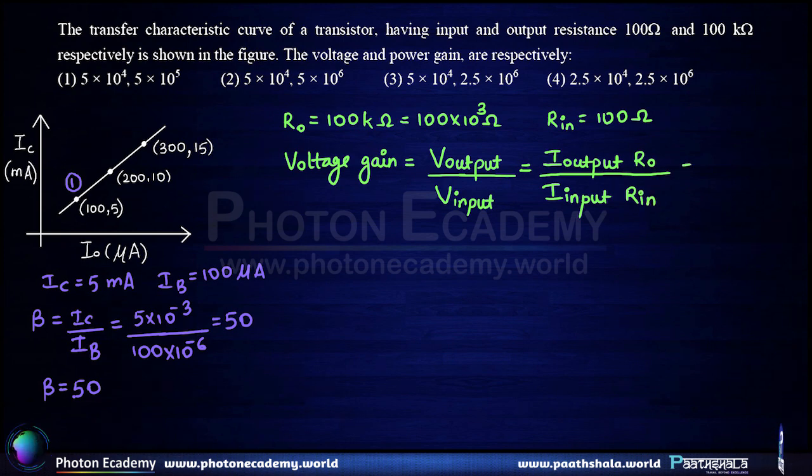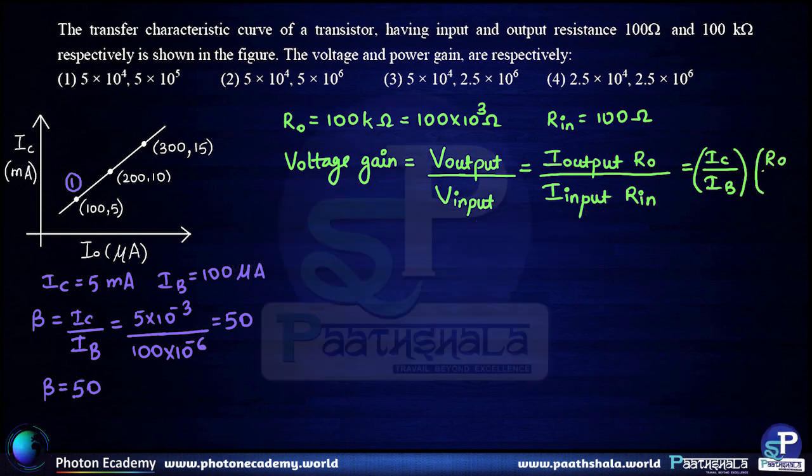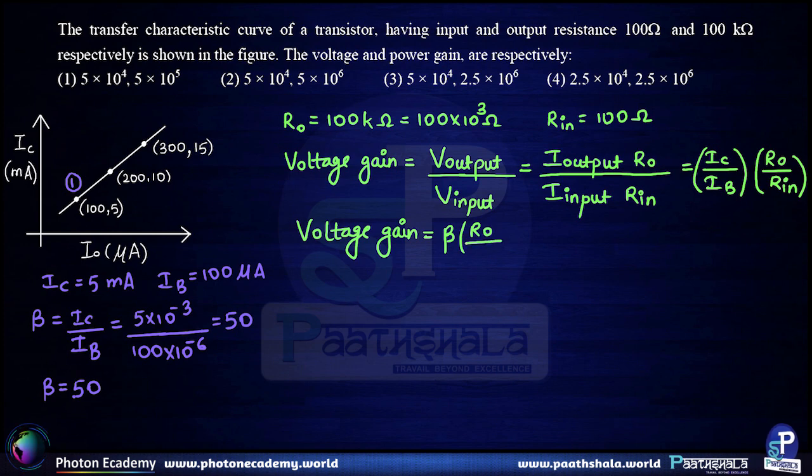Now for this transistor, it will be IC divided by IB into R0 divided by Rin. So voltage gain is beta into R0 divided by Rin.